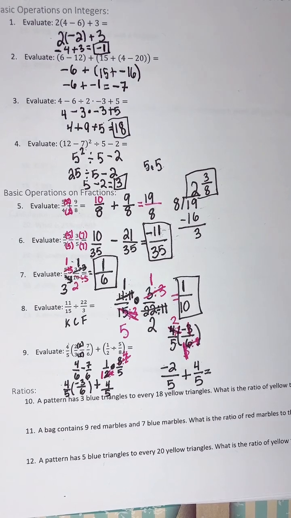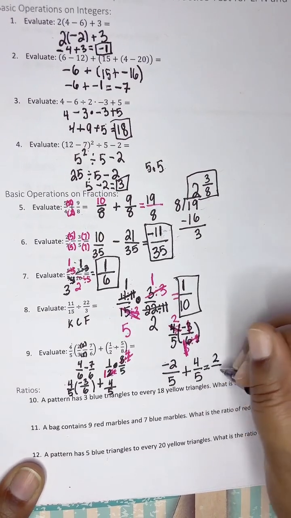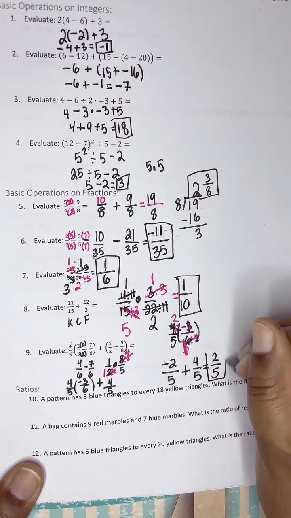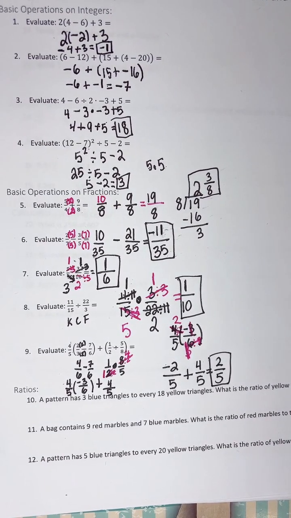Julian said -2 over 5. Let's go. Oh, now you said 2 over 5. Good. Kai said 2 over 5. Beautiful. Yes. So our answer for -2 plus 4 is 2 over 5. And that's our beautiful answer, you guys. All that hard work.